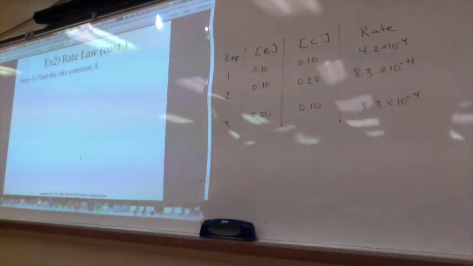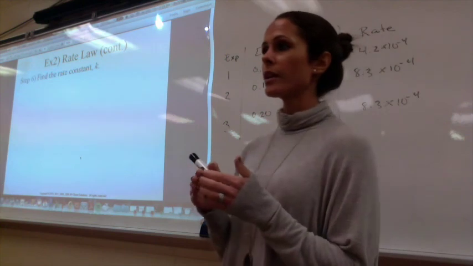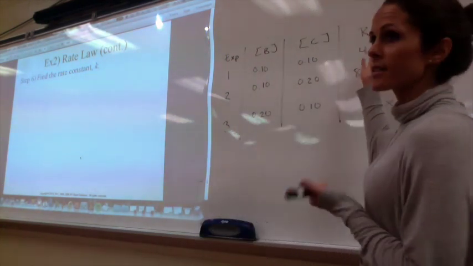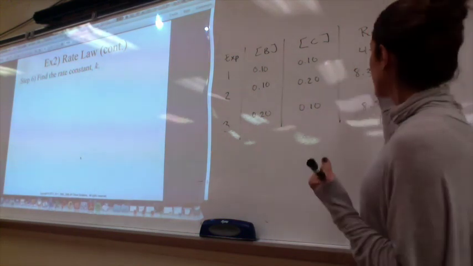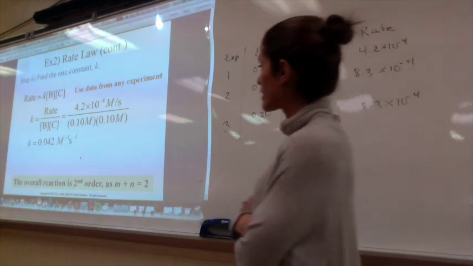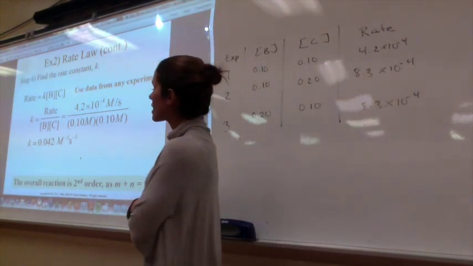All right, so find the rate constant K. You guys did this already, so you're just going to pick any experiment and plug in the data for that specific experiment. You made this table yourself essentially. So pick any experiment, plug in your data. All right, so you plugged in any data.